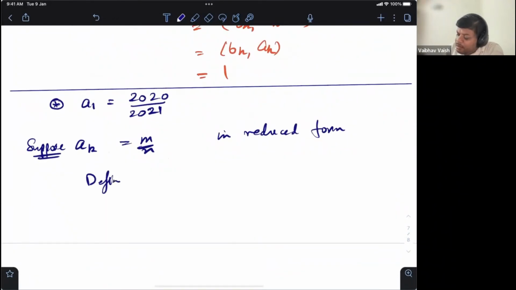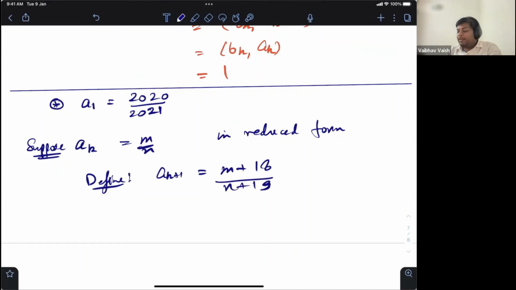Define A(K+1) equal to (M plus 18) by (N plus 19). This may not be in reduced form. Just because M by N was in reduced form does not mean (M plus 18) by (N plus 19) is going to be in reduced form. Some cancellations may happen. After cancellations, the next step again you add 18 and you add 19.